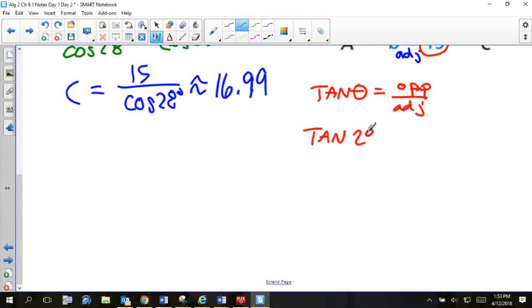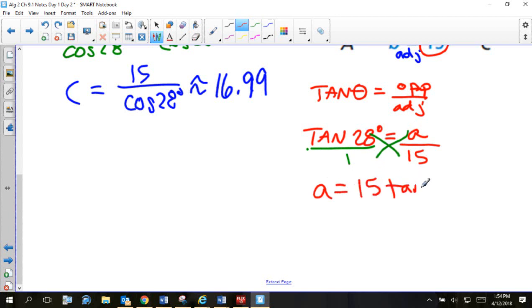Tangent of 28 degrees equals A over 15. We will put the tangent of 28 over 1, and we'll cross multiply to get A by itself. A equals 15 multiplied by tangent 28. And it's by itself. Once it's by itself, type it in your calculator. Everybody practice typing in your calculator. Make sure that you have the same answer. You're typing it in correctly.